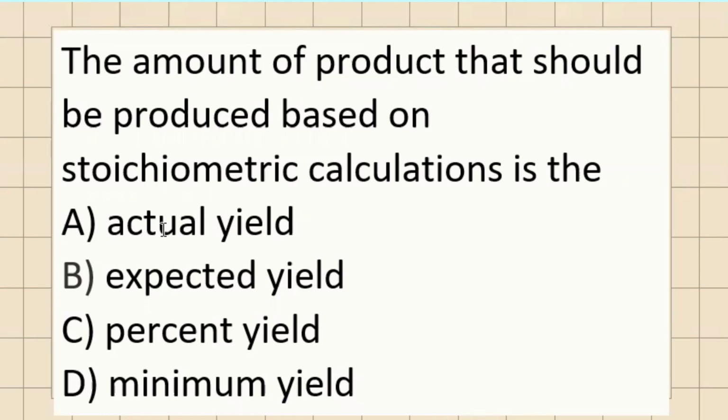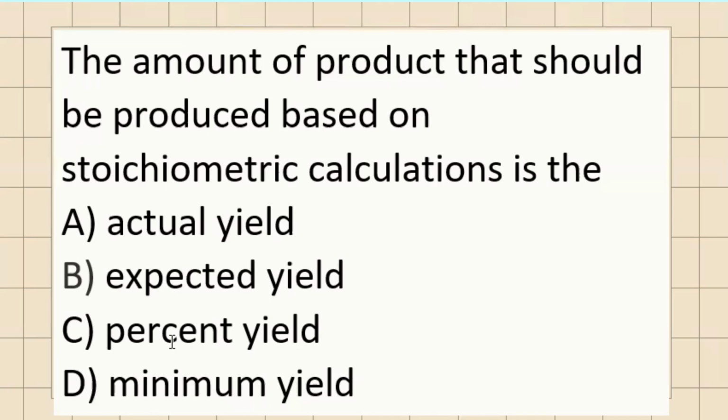It is also known as the maximum amount of the product. Actual yield is the minimum amount of the product, and percentage yield is equal to actual yield divided by theoretical yield multiplied by 100. Okay, A and D are similar, but B is the answer.